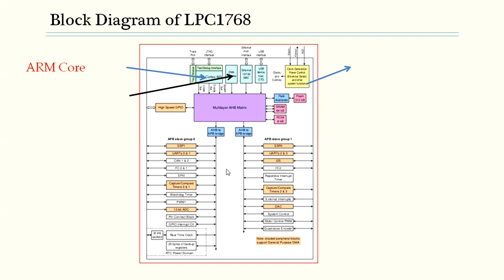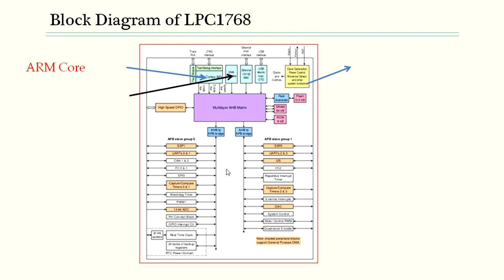Other companies, the silicon-based or controller-based companies, develop different peripherals around this ARM processor, and they are put out into the market as the chip. For example, we have here LPC1768, which is made by Philips.